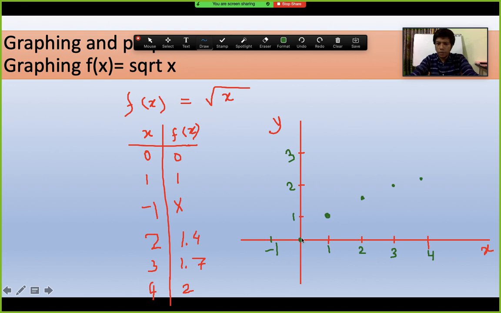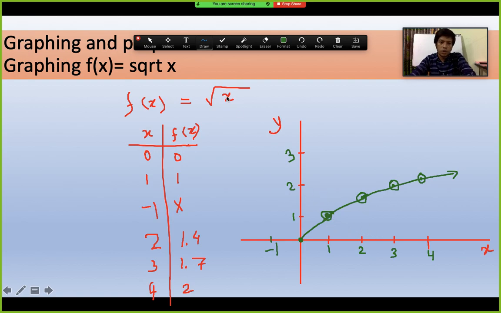Then our graph will look like some curve, like this. These are the points that we had here.